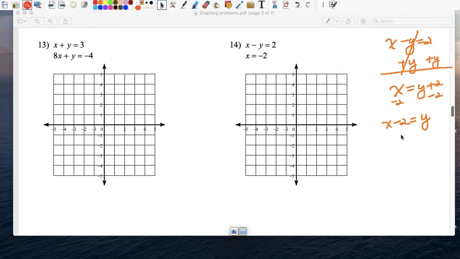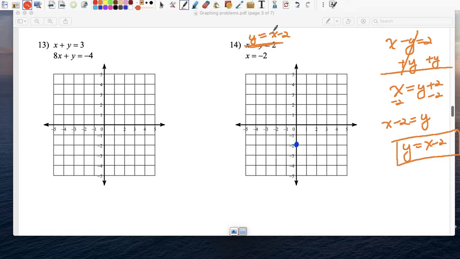So, again, let me rewrite this. That's the same thing as y equals x minus 2, okay? I have my two equations, so I'm going to just cross this out, not to confuse anybody, since we rewrote it as y equals x minus 2. Let's graph both of them. The first one, the y-intercept is negative 2.